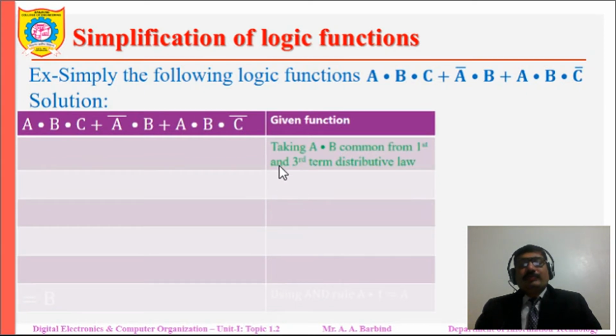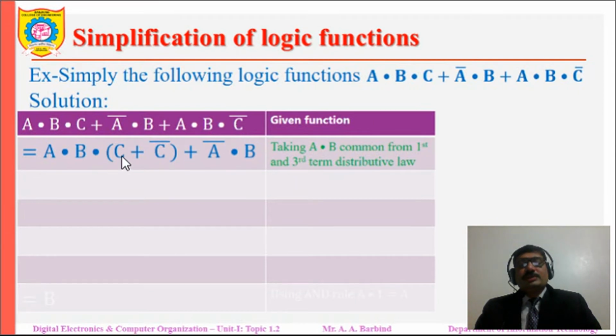First of all, we take a and b common from the first and third term. We can see here that in first and third term, a and b is common. So taking common from those terms, what remains in the first term is c, and what remains in the third term is c bar.